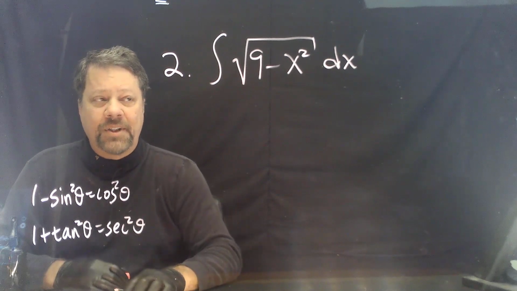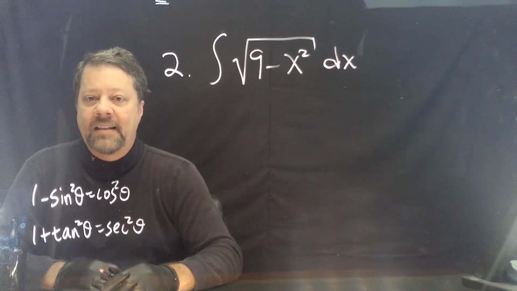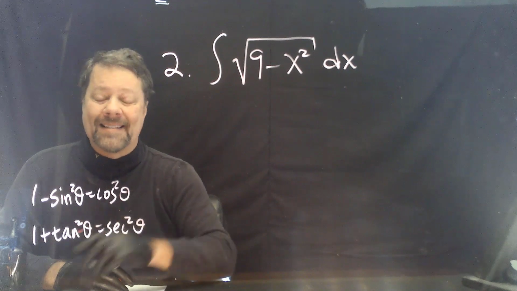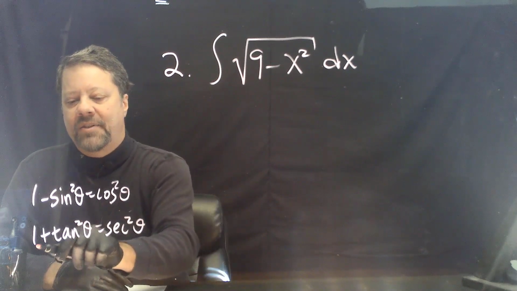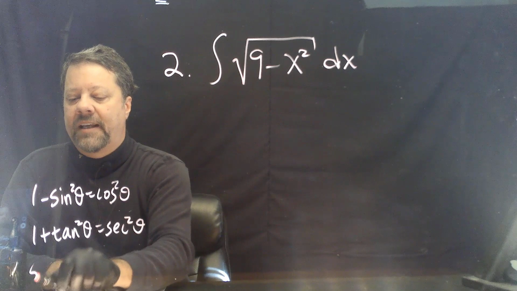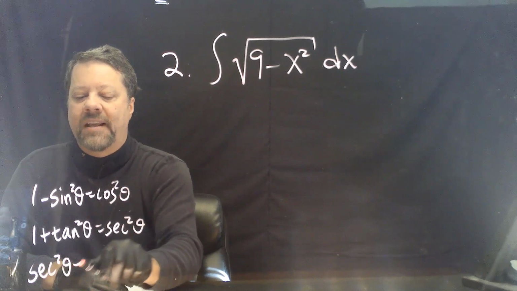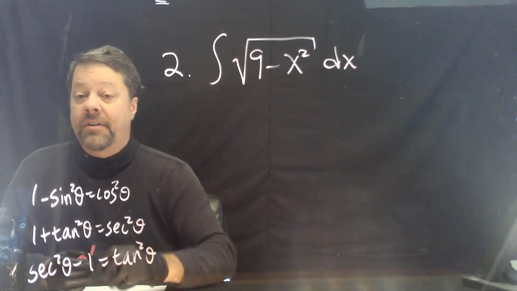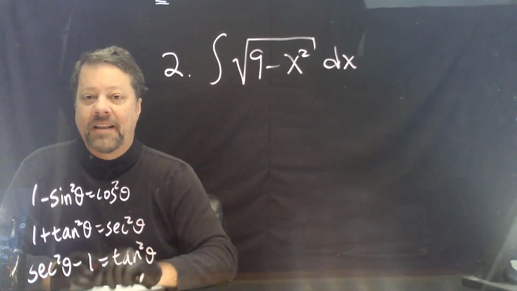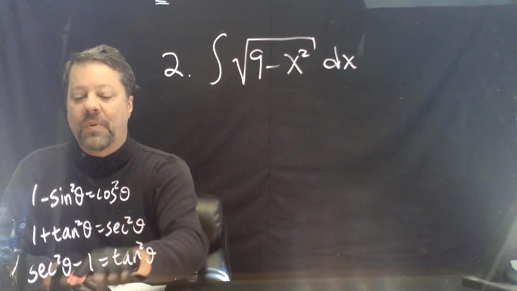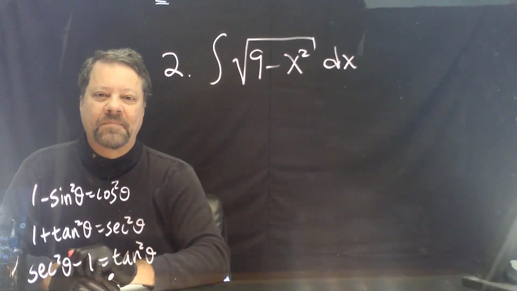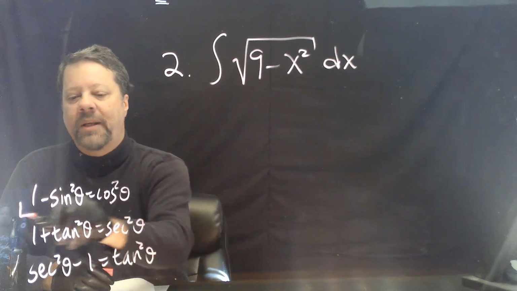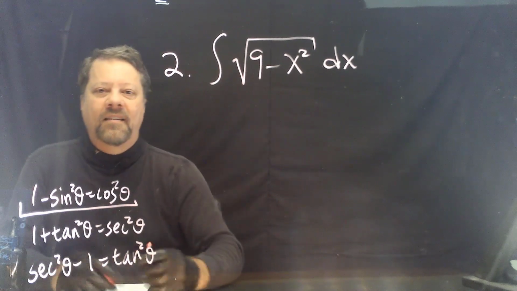The third possibility is if you have variable squared minus constant. In that case, move the 1 over and you'll get secant squared theta minus 1 is tangent squared theta. And you'll use this identity in that case if you have variable squared minus 1. In this particular problem, we clearly have the first case.